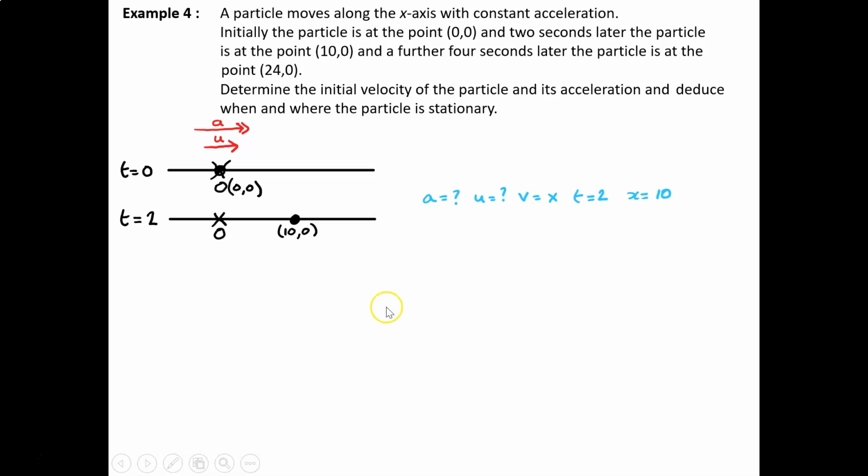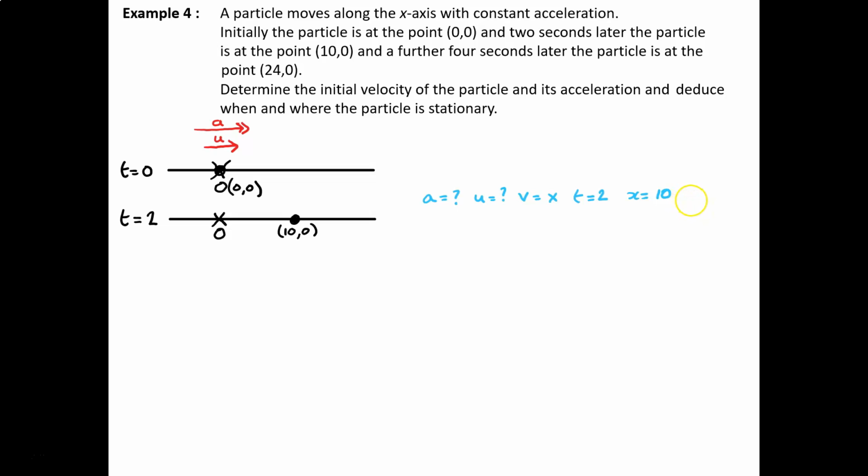So what do we know? So a we don't know. We need to find its acceleration and its velocity. So we need those two. x at the moment, v at the moment we don't need, so put a cross there. t is 2 seconds to get to the point where x, and we're using x now instead of s.